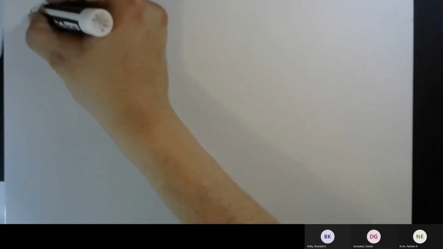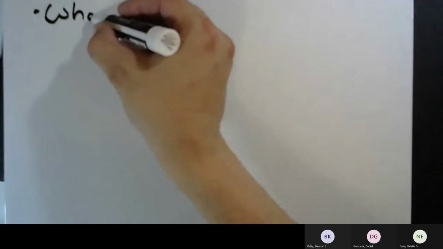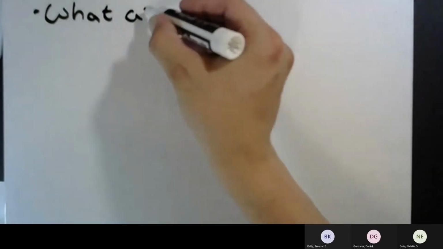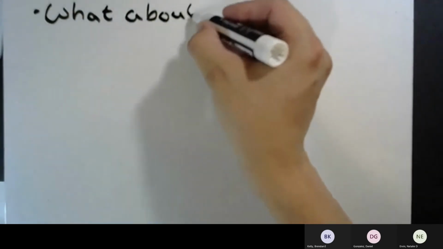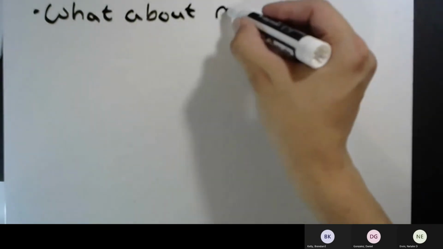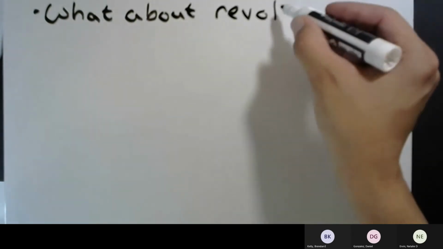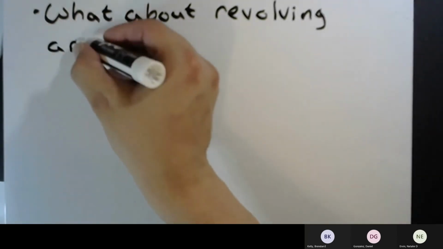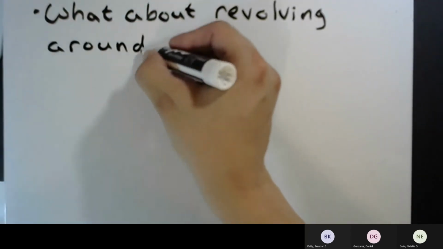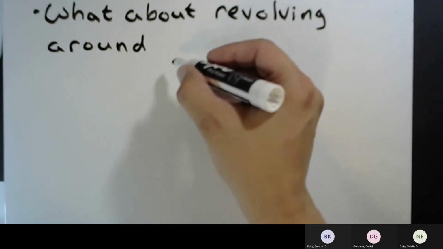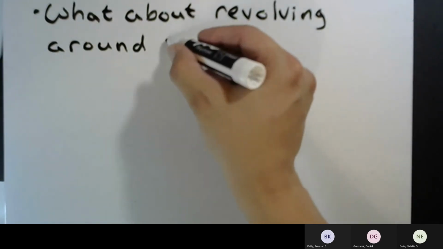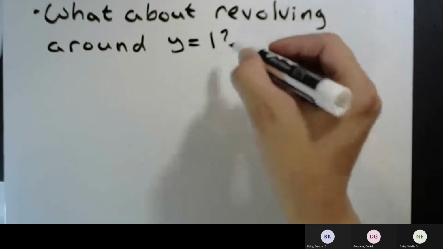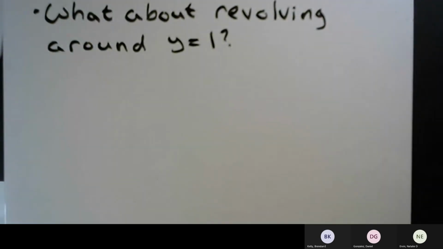We'll talk about the y-axis in a little bit, but what about revolving around, let's say, y equals 1? Let's do that instead.